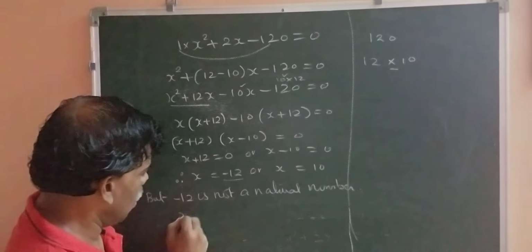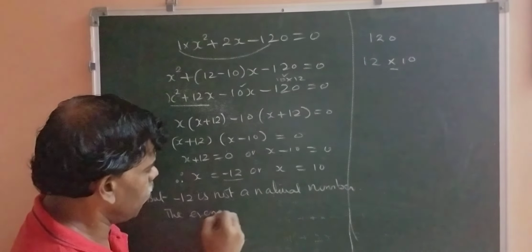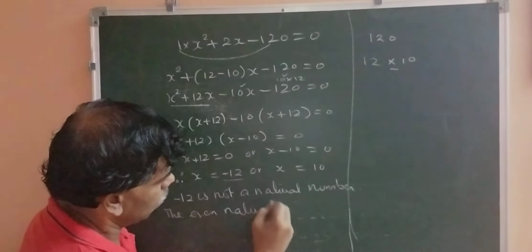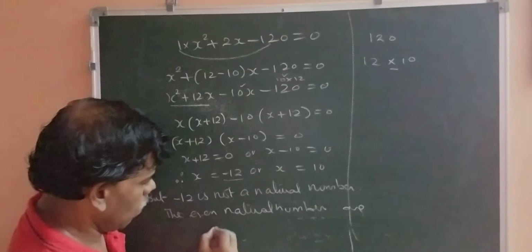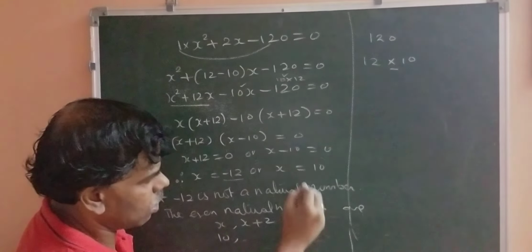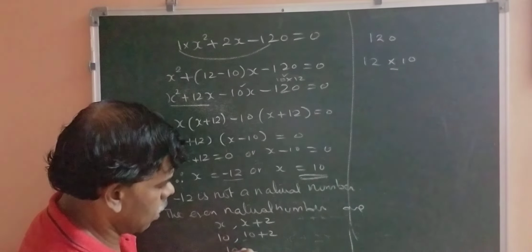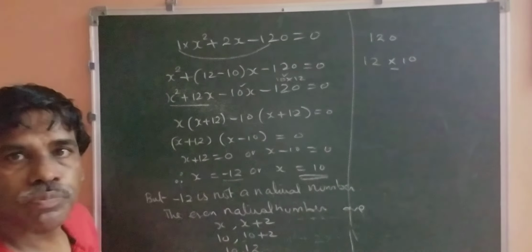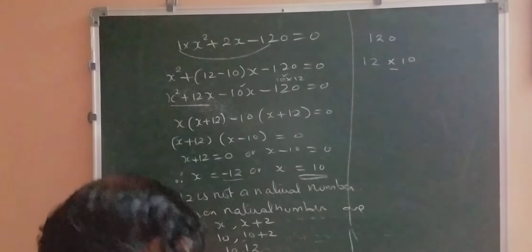Therefore, the even natural numbers are, what are they? x comma x plus 2. So here what is the answer? 10 plus 2. So 10 comma 12. So this is how we can solve the word problems. Okay.